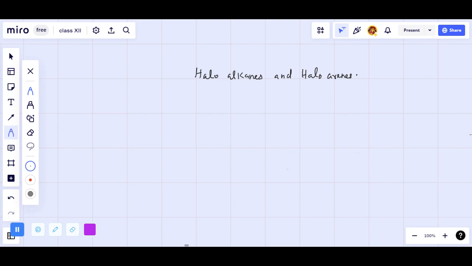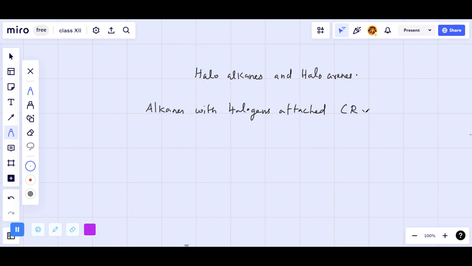Okay, what do you mean by haloalkanes and haloarenes? Here, alkanes with the halogens attached. So that is haloalkanes. Alkanes with halogens attached, so this is haloalkanes.